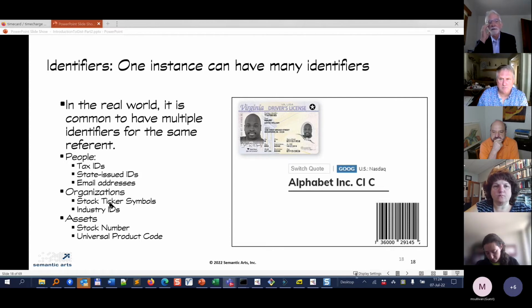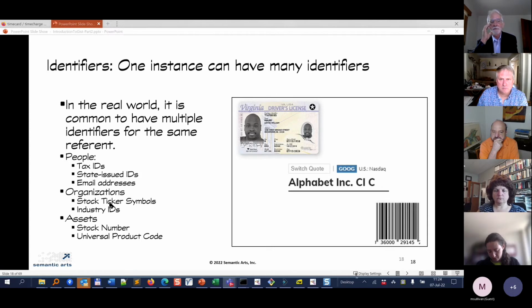And here's a property: for a given context, like driver's licenses, one person has only one driver's license issued by a given state. But the uniqueness goes the other way also. For a given driver's license number, it needs to point back to only one person. So it's a uniqueness that goes both ways.